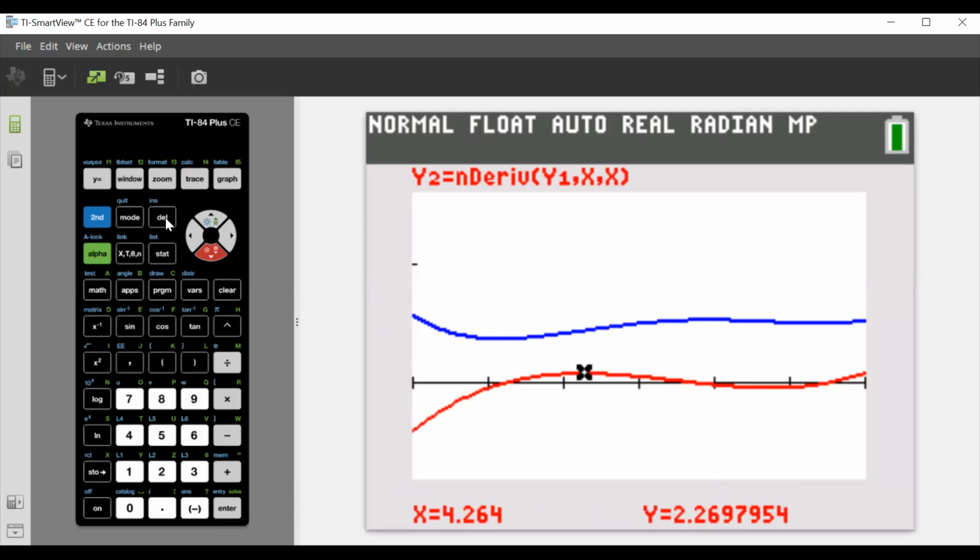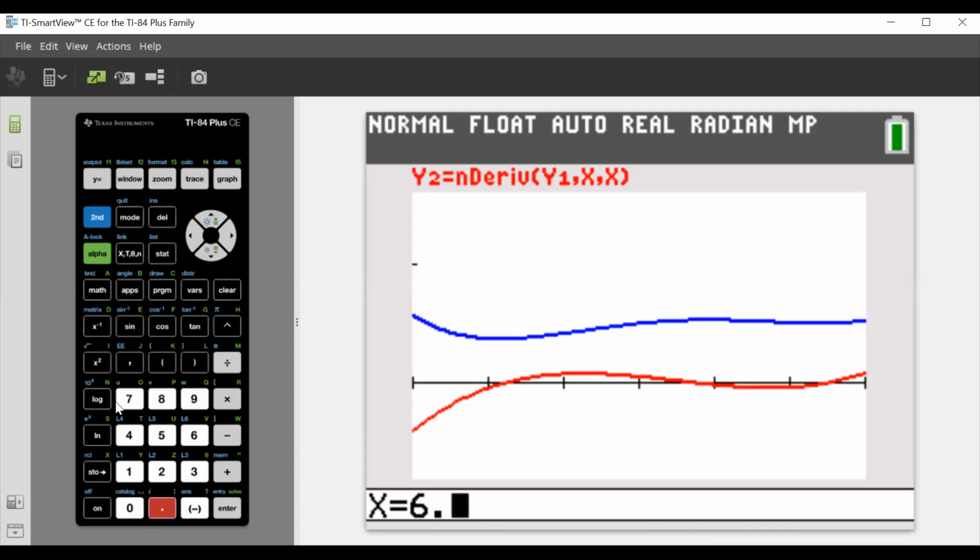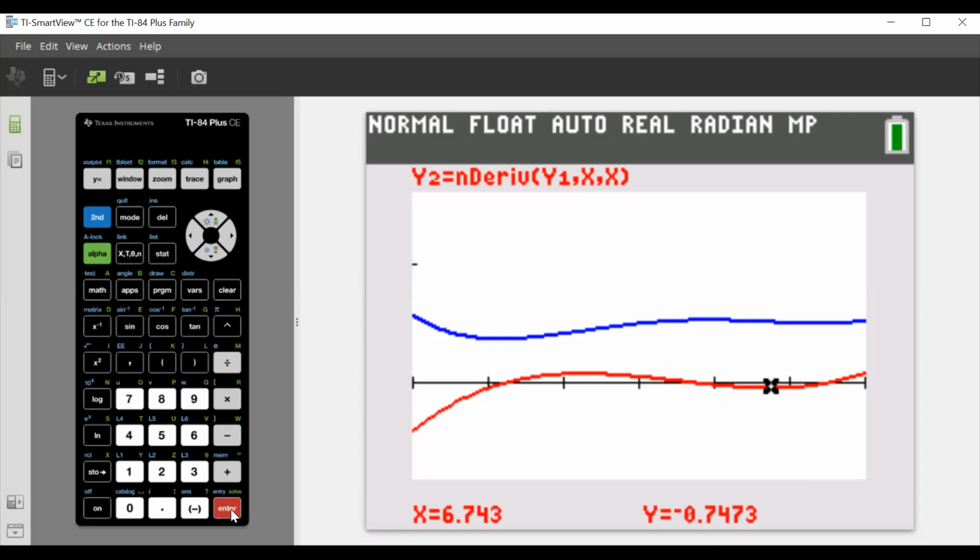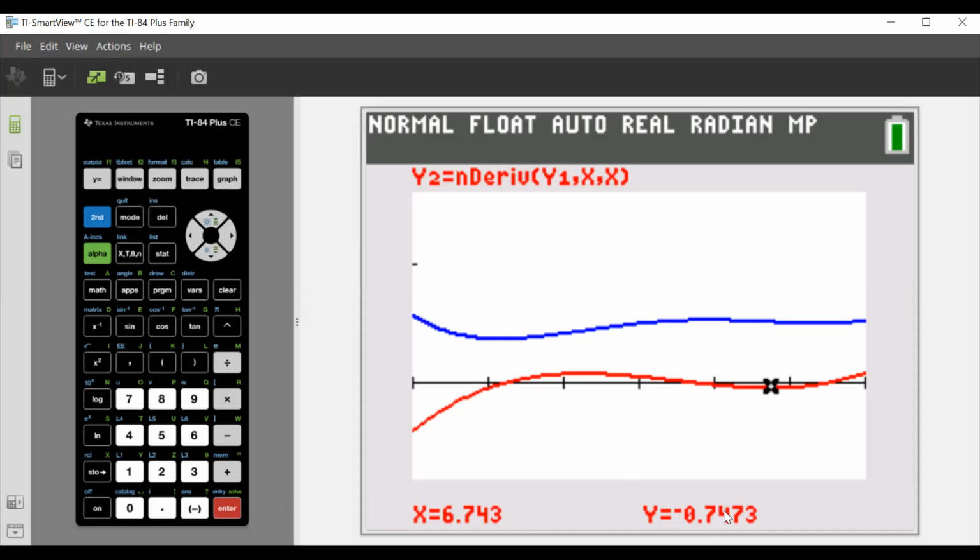Okay, so we got those. And now we want to do 6.743. Here our rate of change was negative 7.7473, and the point of inflection was at 13.152.